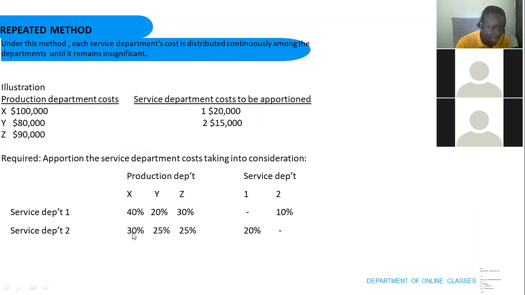For production department X, we have 30%, meaning that to apportion 15,000, you only need to calculate 30% of the 15,000 and record that in the column of production department X. It's as simple as that. The same applies to production department Y, which is 25%, production department Z, which is 25%, and service department 1, which is 20%. You get me? That is what the question is asking us to do.